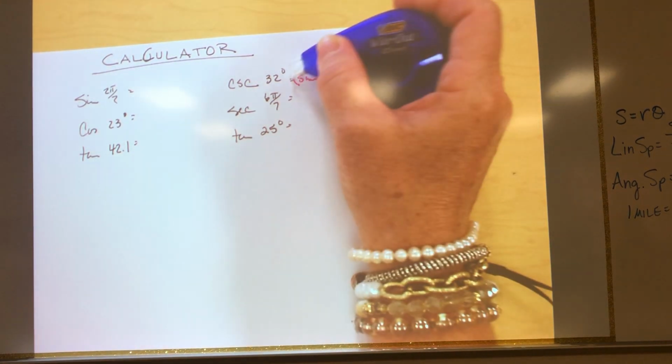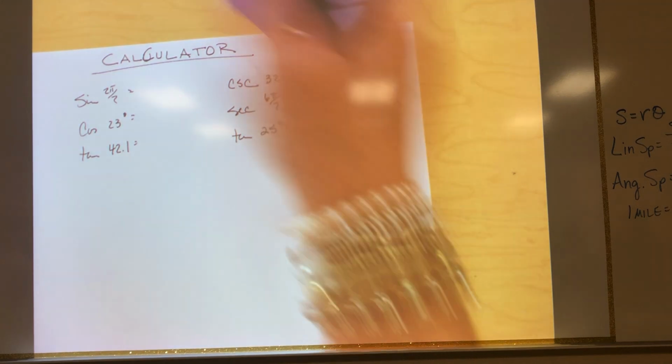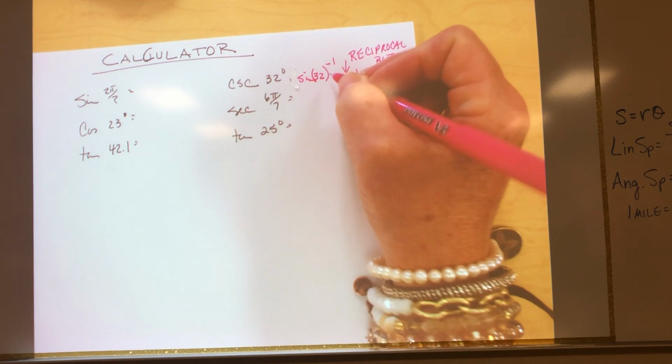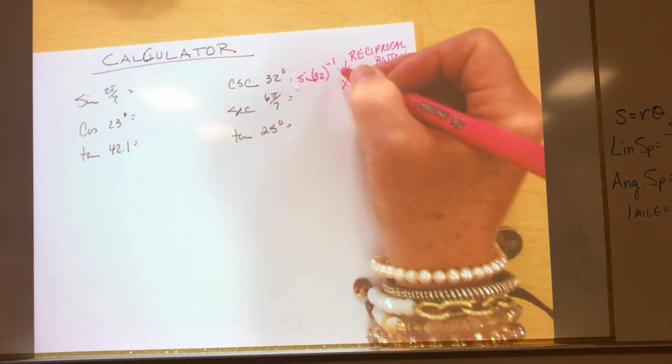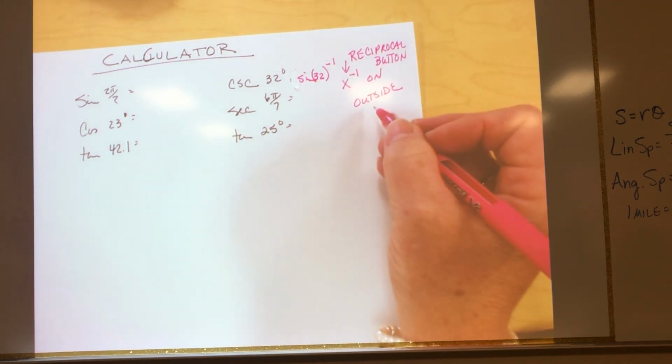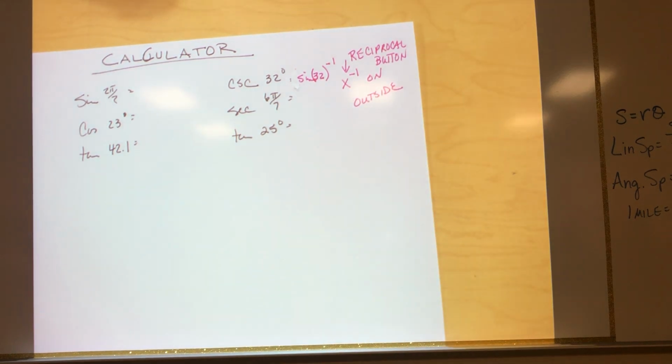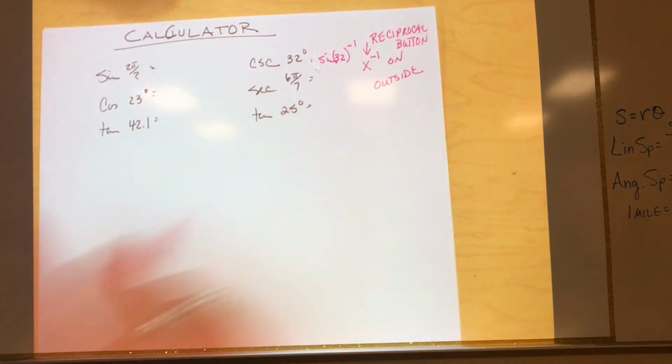I need another cup of coffee. The calculator automatically opens the parentheses. You have to close it, okay? And put it on the outside. It's on the outside because you're looking for a side. Where are the sides of a triangle? On the outside or the inside? They're on the outside, so it goes on the outside. That's an easy way to remember.